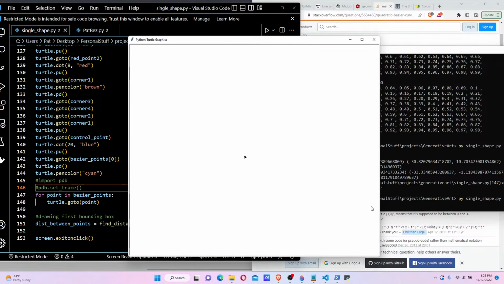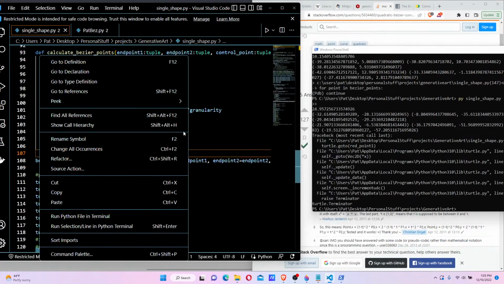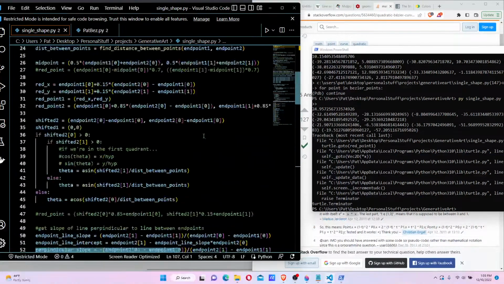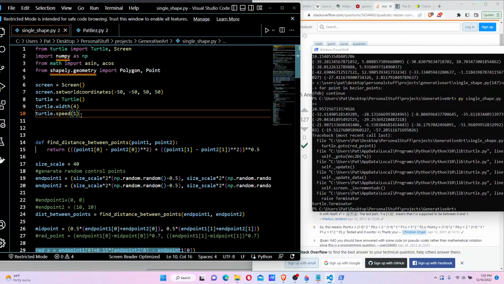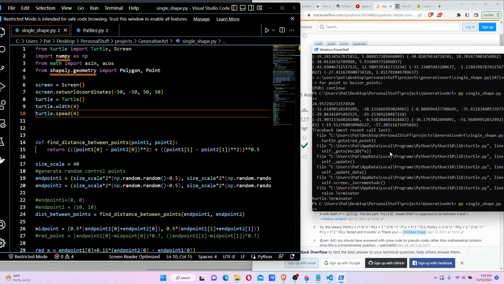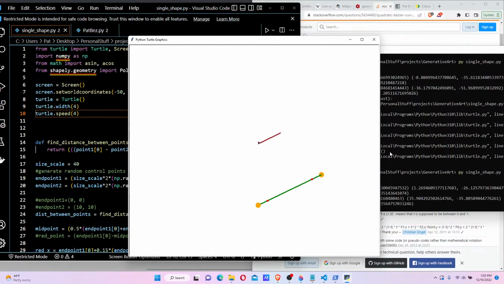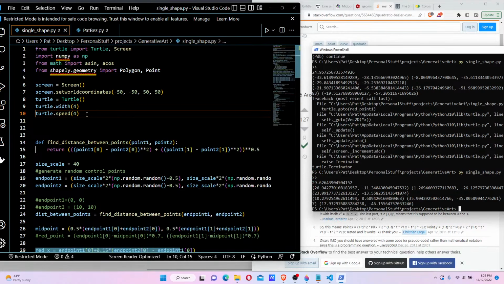Okay, run it again. Let's make the speed faster so it doesn't take forever. Okay, run it again. Nice. So, yeah, it generates the endpoints. Oh, I guess I'll go through it. So I guess I will change that back to 1.